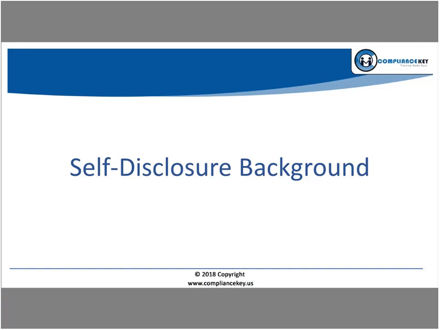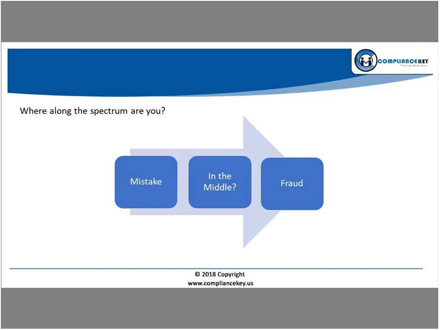The first thing I want to do is go through some background specific to self-disclosures, taking a 30,000-foot view. Something to keep in the back of your mind as you're faced with any potential overpayment issue, really at the outset, is making sure that you understand where along the spectrum you are in terms of fraud and abuse.